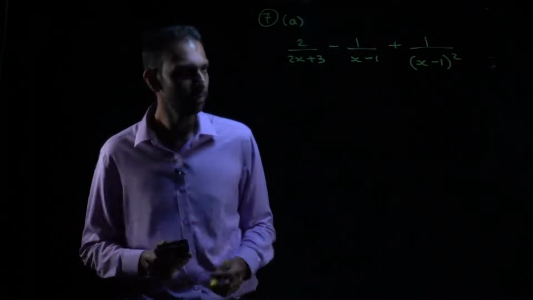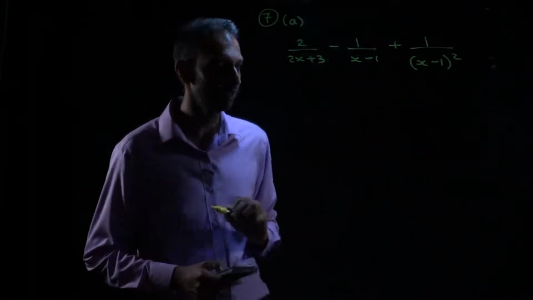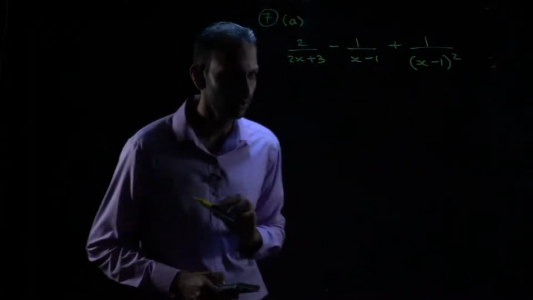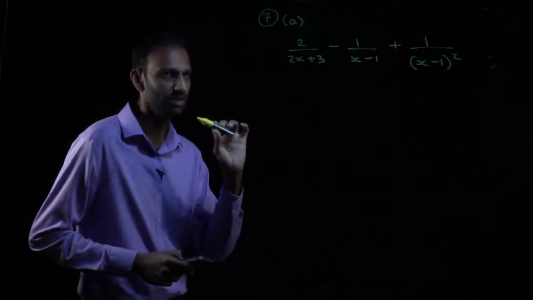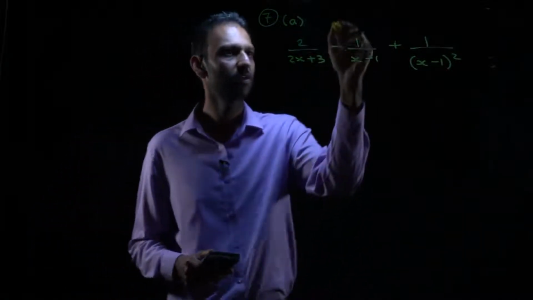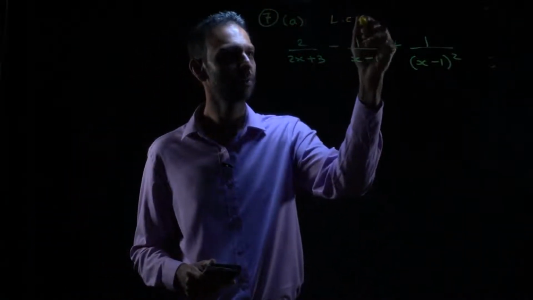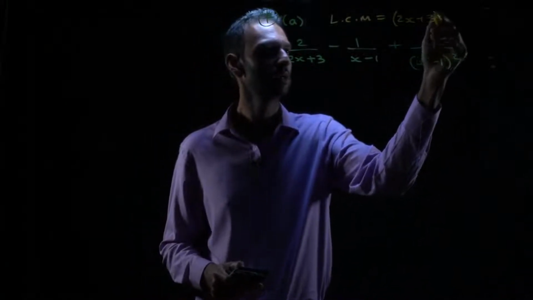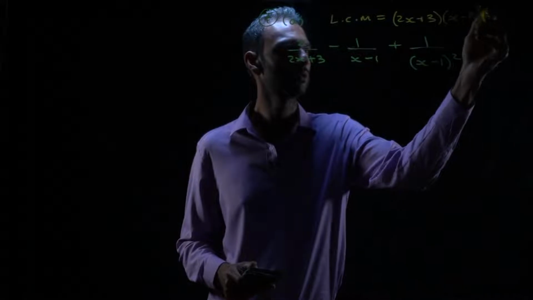The first step is to look at the denominator of each fraction: 2x plus 3, and (x minus 1) squared. So clearly you observe that the LCM is (2x plus 3) times (x minus 1) squared.